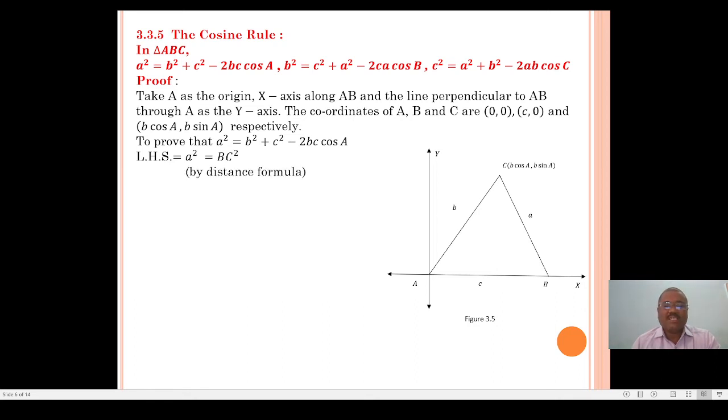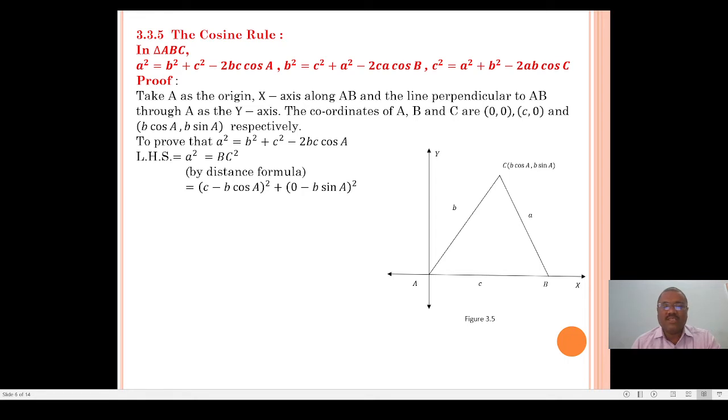So by the distance formula, we find the distance BC, which equals (c minus b cos A) whole square plus (0 minus b sin A) whole square. The distance formula is (x1 minus x2) whole square plus (y1 minus y2) whole square.